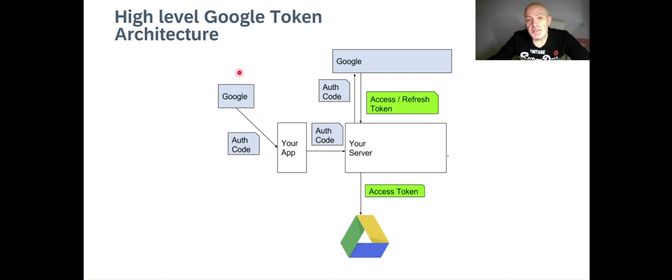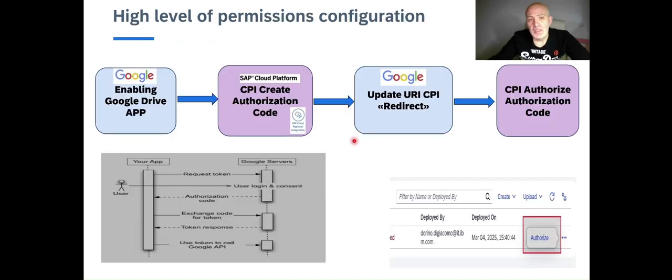This initial phase, which is done only once, which we will see in detail, is preliminary to the use of token generation. So the first thing is to enable the Google Drive app, which we will see in the following slides.